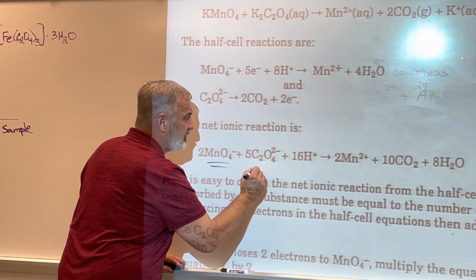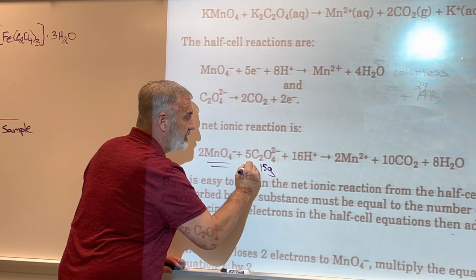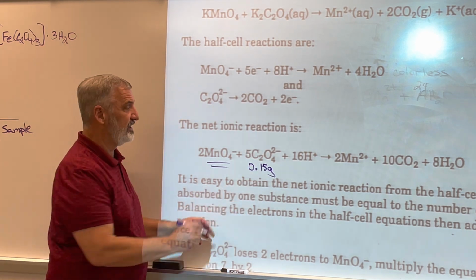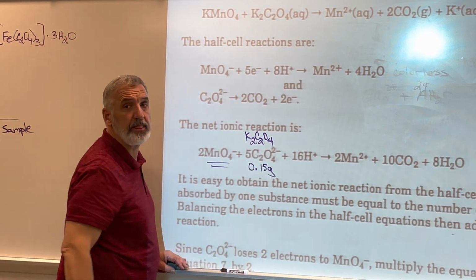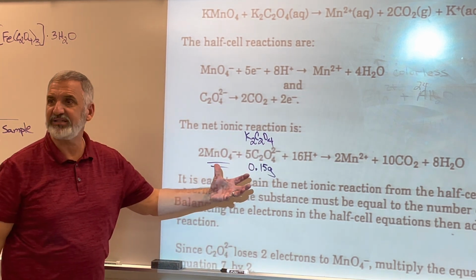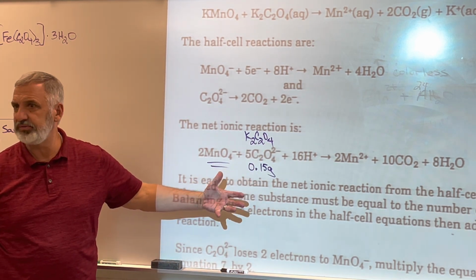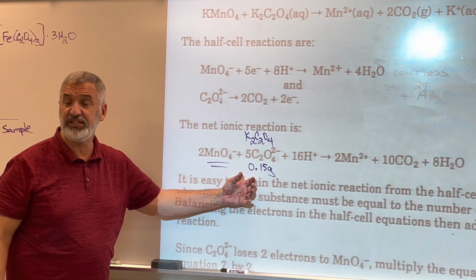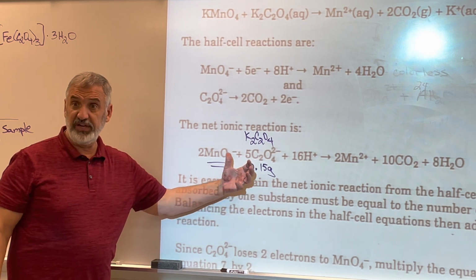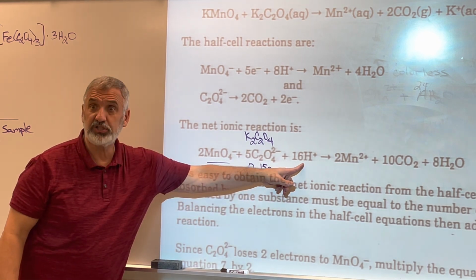So let's just say we put 0.15 grams of the potassium oxalate, K2C2O4, is what we would have measured. Because you can't just go buy oxalate ion at the store. It's going to be with something. So we would have measured 0.15 grams of potassium oxalate and done the exact same thing. Dissolved it in acid to acidify the solution.